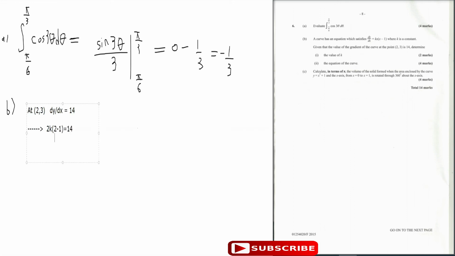And 2 minus 1 is 1. So what they're saying is 2k is equal to 14. And so k is equal to 7.